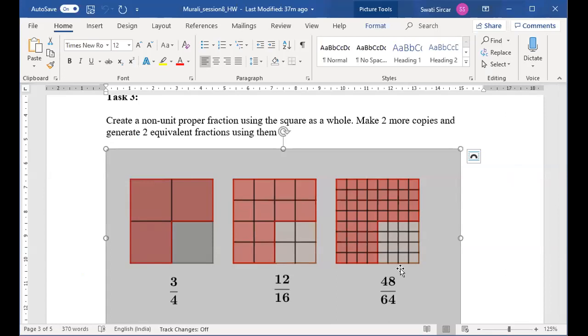But then the thing is, when you split, you cannot split all the parts in one go.